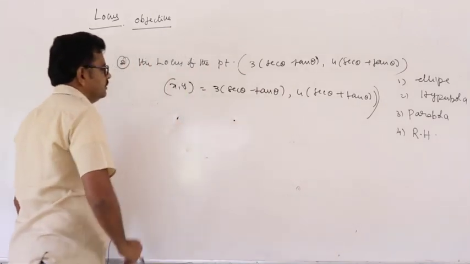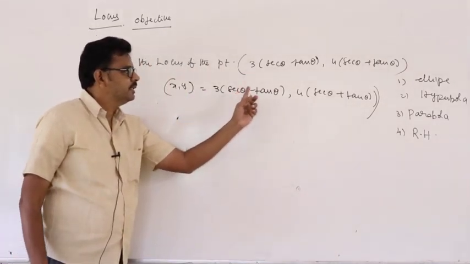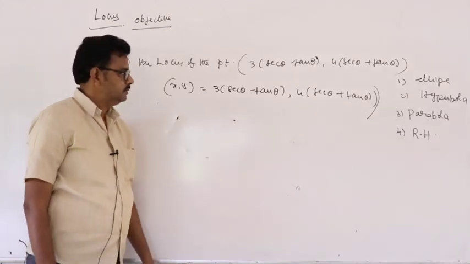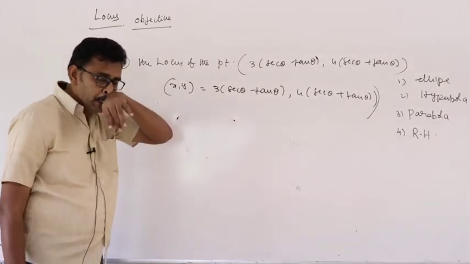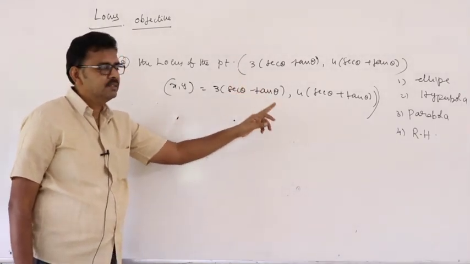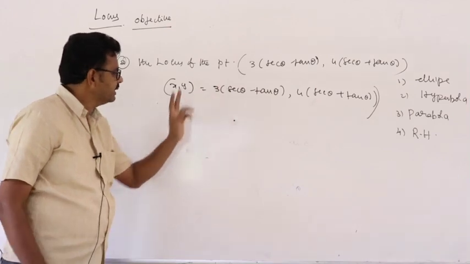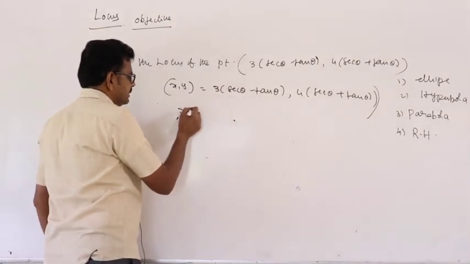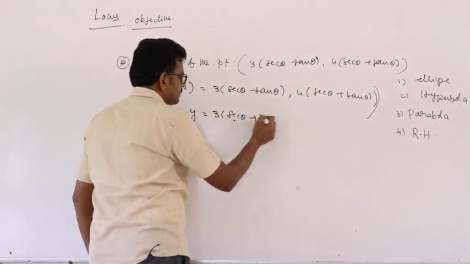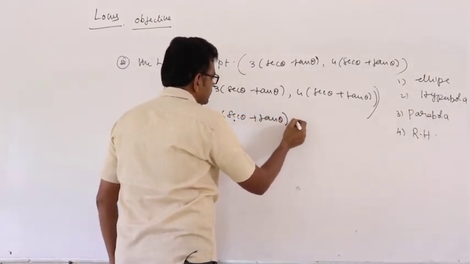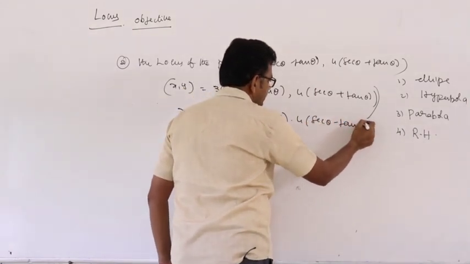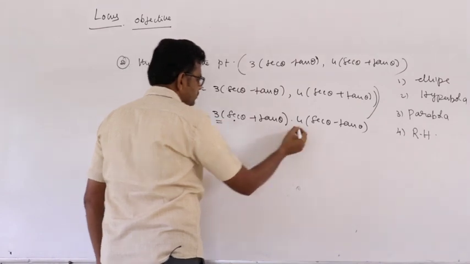Now, the relation between secant theta minus tan theta and secant theta plus tan theta, how to eliminate this theta, is related to trigonometric identities. Now, secant square theta minus tan square theta equal to 1. If you multiply x into y, it is equal to 3 into secant theta minus tan theta times 4 into secant theta plus tan theta. 3 into 4 is 12.